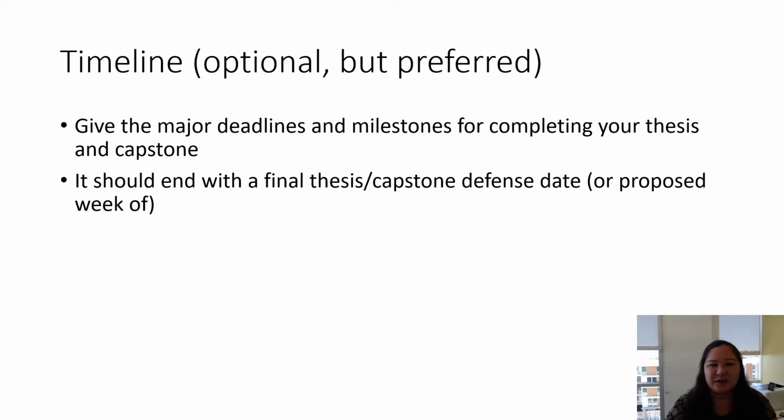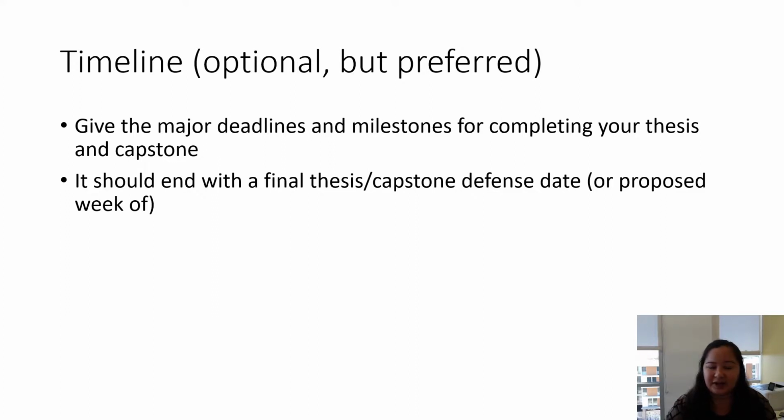So if you're graduating in spring, I think I talked about this in week 1 or 2. Look up the date that it is due to the library. And then backtrack 2 to 3 weeks and just say your proposed defense date is around April something, right? So just a few weeks before you actually have to turn it into the library for graduation. So just include a few time points.